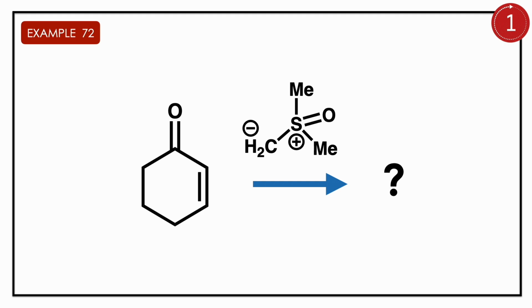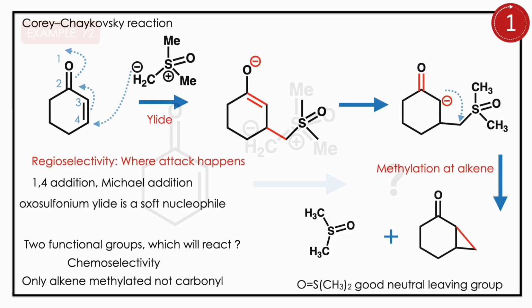Then the next example, here you have cyclohexenone, which is alpha beta unsaturated compound. You are reacting with sulfoxonium halide. You have to find what will be the final product. By looking at the sulfoxonium halide, you might realize it's a Corey-Chaykovsky reaction. Basically, it's a 1,4 Michael addition. Why? Because sulfur nucleophiles are soft, so it attacks the fourth position.